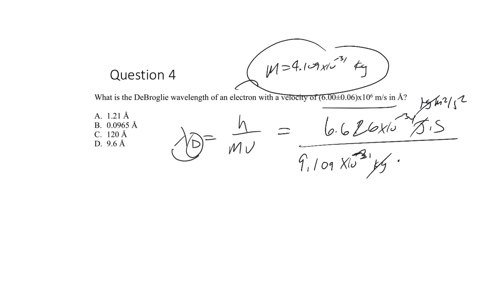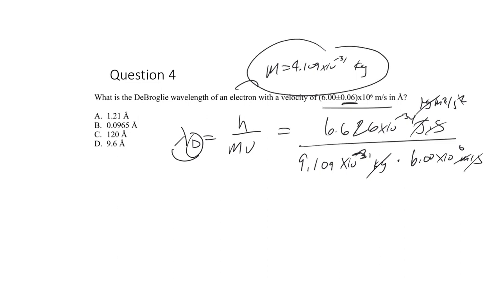And then the velocity is 6.00 times 10 to the 6 meters per second. The plus and minus has nothing to do with this problem. That's for the uncertainty principle. And so we cancel everything out here except for meters.